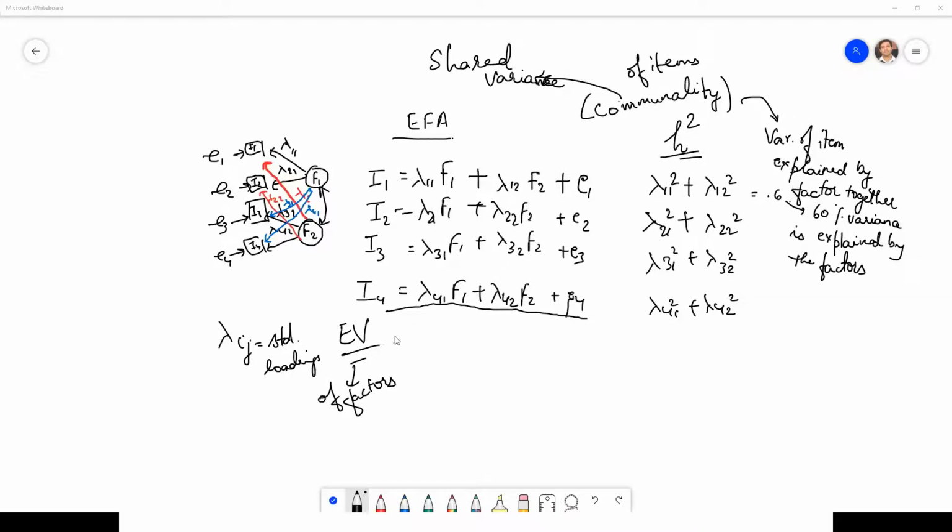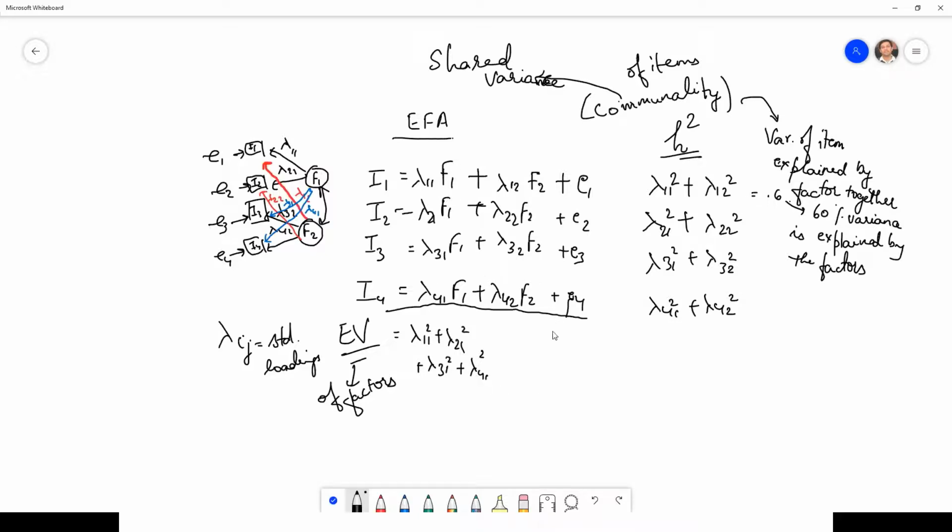The eigenvalue of a factor is lambda 11 squared plus lambda 21 squared plus lambda 31 squared plus lambda 41 squared. That means the sum of squares of loadings associated with factor 1.